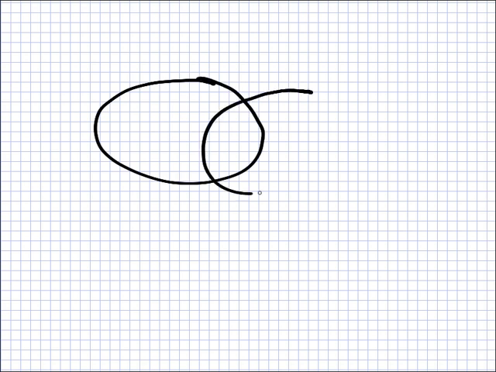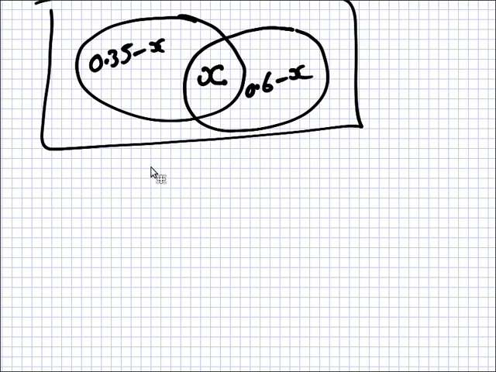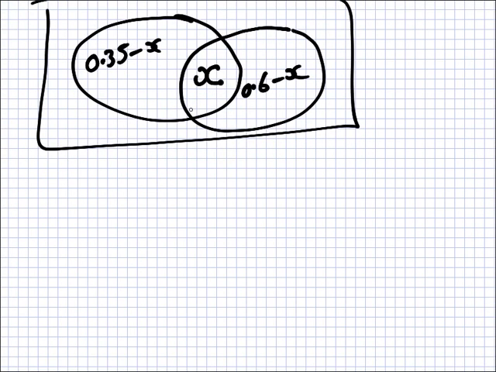We have A, B, A union B. So I call the middle piece X. So this piece here would be 0.35 minus X and this piece here 0.6 minus X. They also tell you that the union is 0.74.